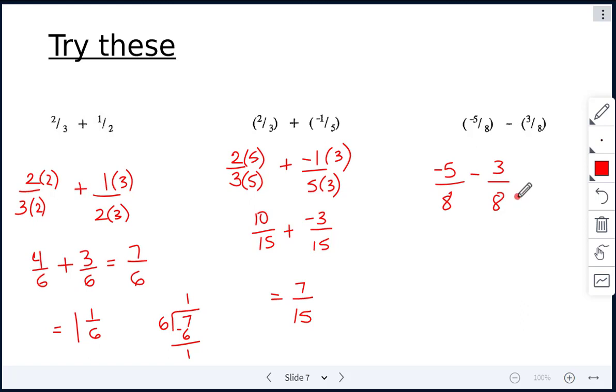All right, and that just becomes add the opposite. So negative 5 plus negative 3, that becomes negative 8 over 8. And then negative 8 over 8, you can reduce it to give you your final answer of just negative 1, because negative 8 divided by 8 is equal to negative 1.